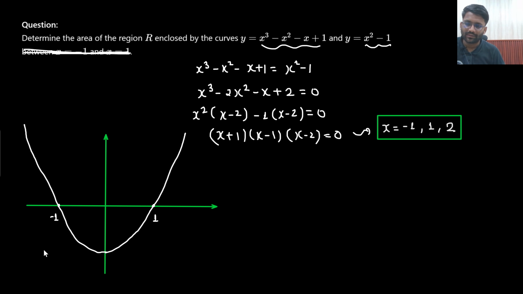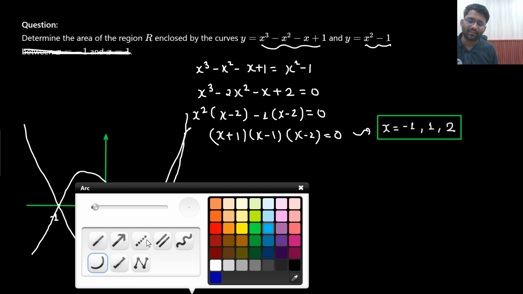Next, this is how it will start. Here it will get the maxima. So this is how it will start, get the maxima, then comes downward, get the minima, and then goes upward. And here they cut again. Okay, so this is the point where they are cutting again.